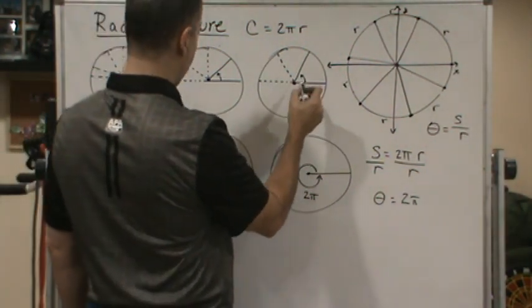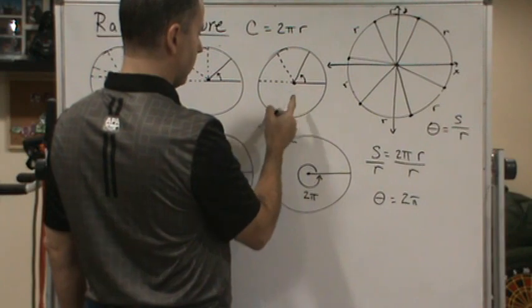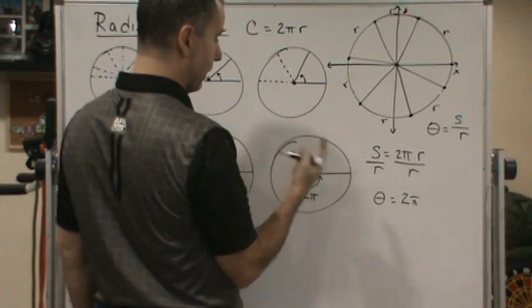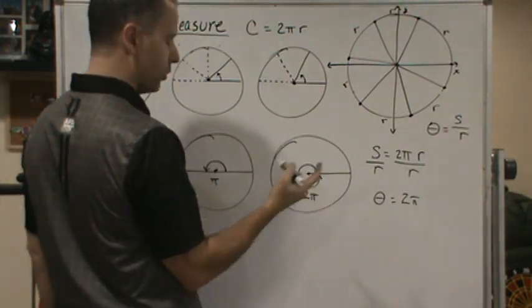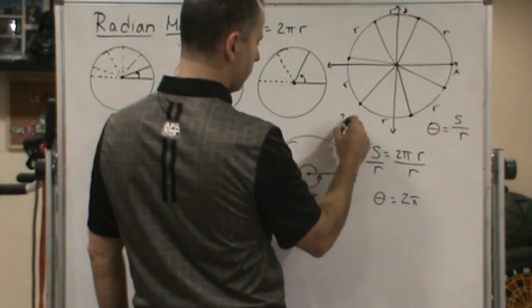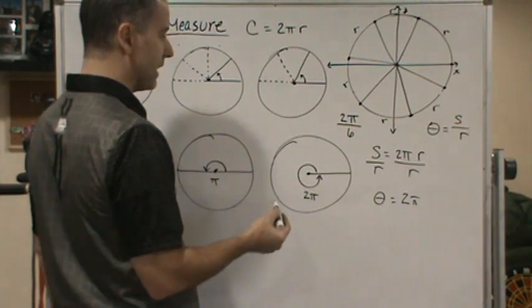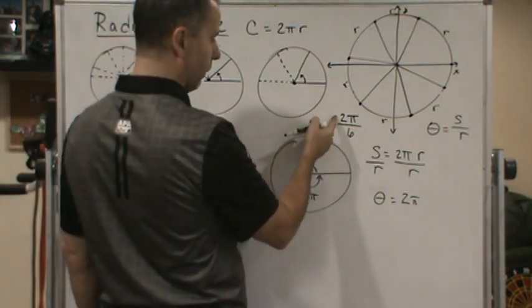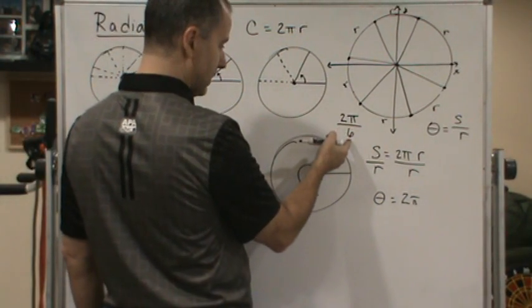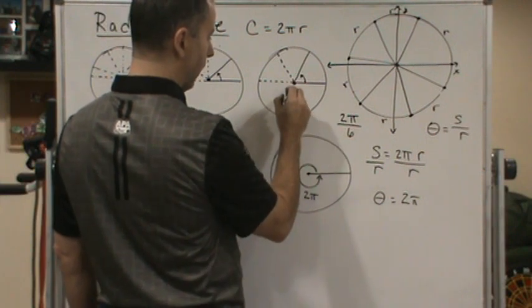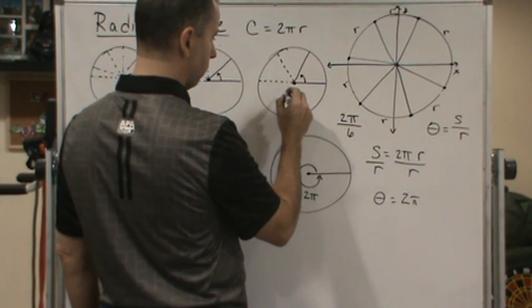So 1/6 of a revolution. Think about this. We're going to take 2 pi divided by 6. We want 1/6 of a revolution, and we know that 1 full revolution is 2 pi. We'll take 1/6 of that, and we get 1/3 pi, pi over 3.